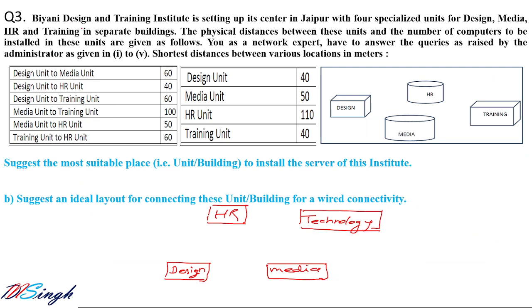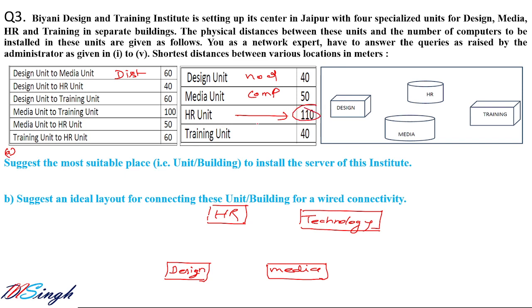There again they have given some theory, and based on that they have given a distance table between different units, and they have given the number of computers in each unit. So we have HR unit, design, media, and training unit. So suggest the most suitable place for placing a server. Which particular unit has the highest number of computers?